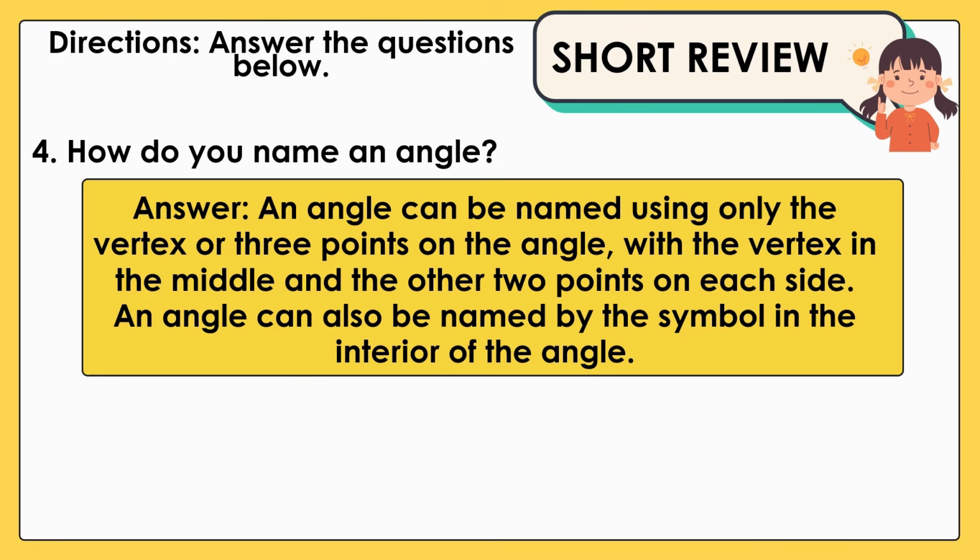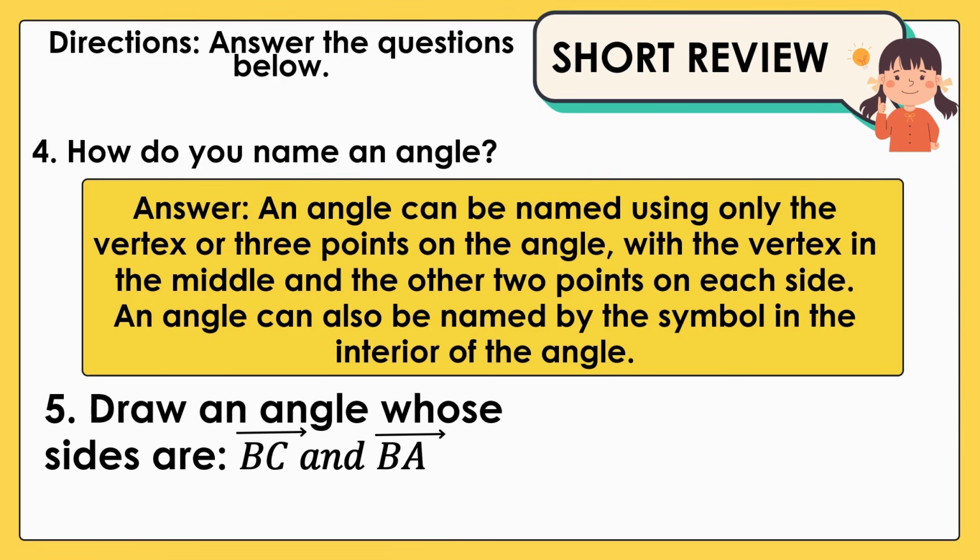An angle can also be named by the symbol in the interior of the angle. Number 5, draw an angle whose sides are BC and BA. And here is the answer.